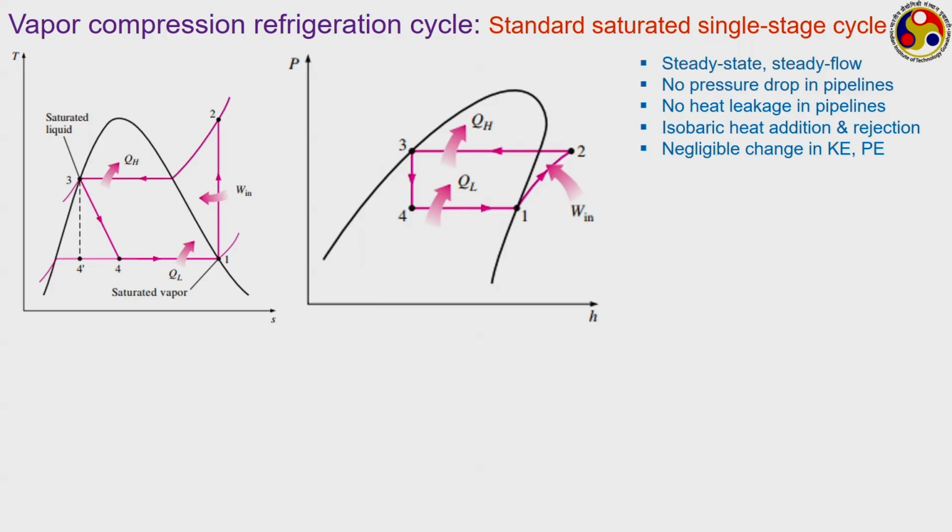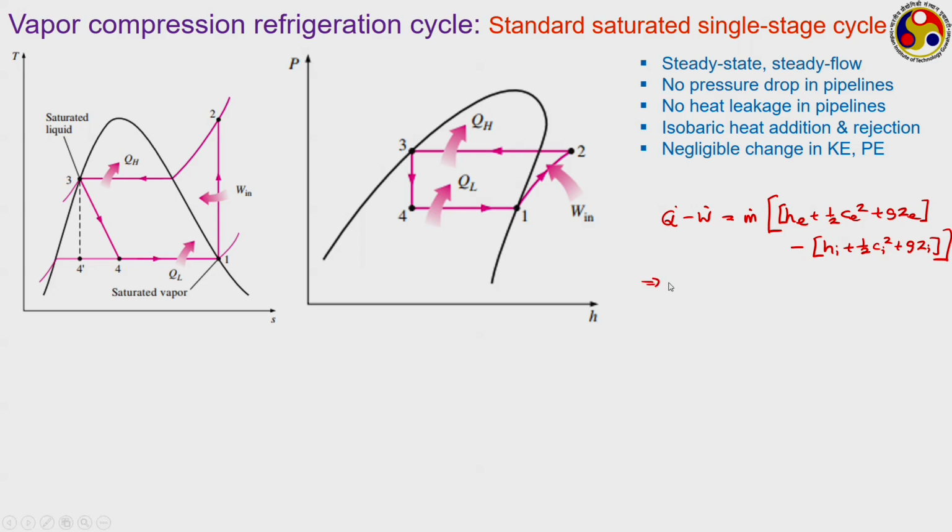Then if we try to analyze this particular situation thermodynamically, for any steady state steady flow process, if we apply the first law of thermodynamics, then we know that Q dot minus W dot will be equal to, for a single inlet single outlet device, the mass flow rate into h_e plus half C_e square plus g z_e, where e refers to the exit state, minus h_i plus half C_i square plus g z_i, where i refers to the inlet state.